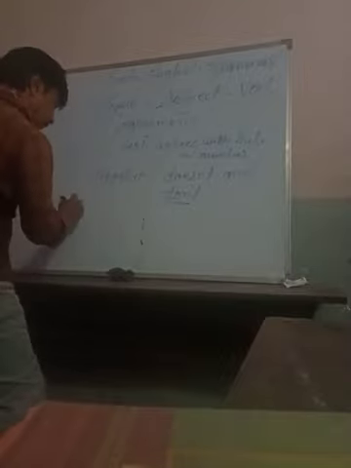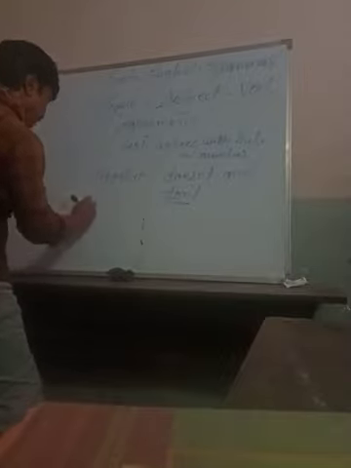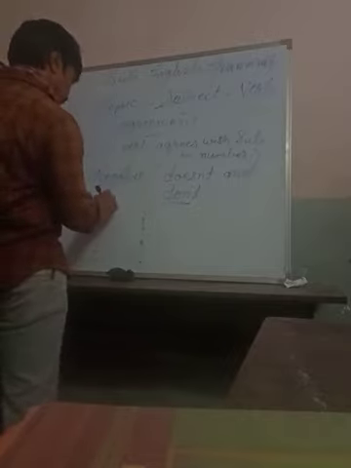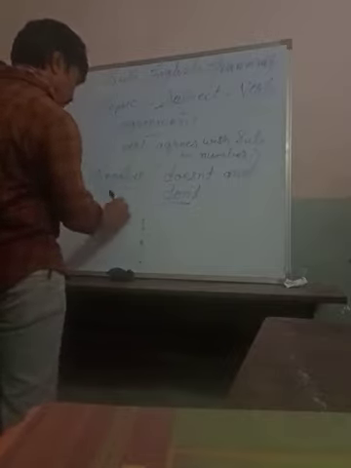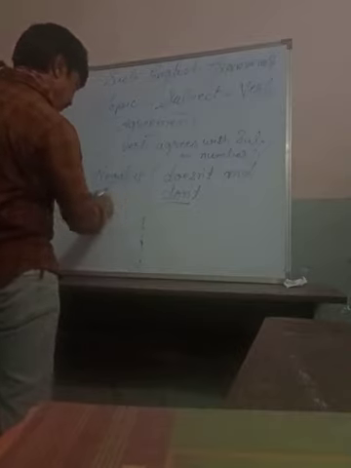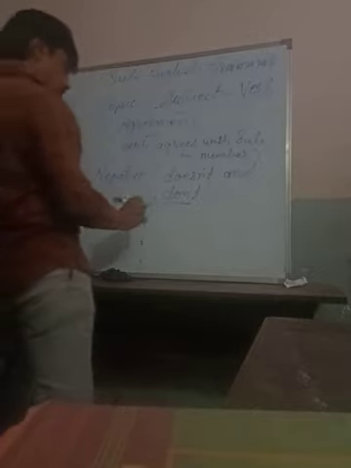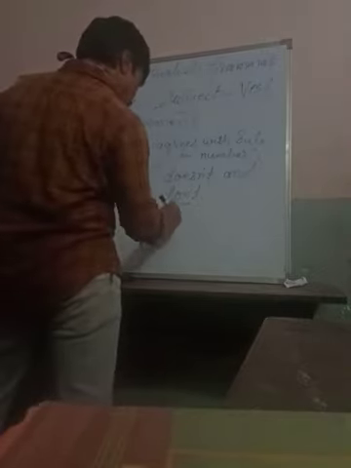Okay, now look here. For example, these are the negative examples: doesn't and don't. We don't know.